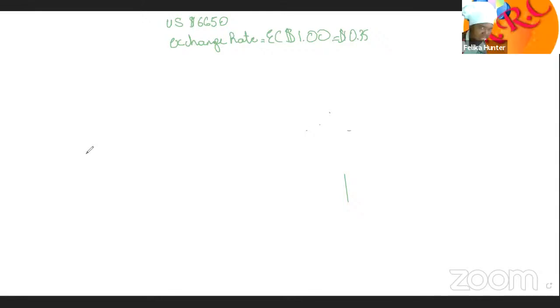So if we have 6,650 US, and they say that $1 EC is 35 cents. So if you come with $1 EC, you're getting 35 cents. Which one of the money is bigger? EC.